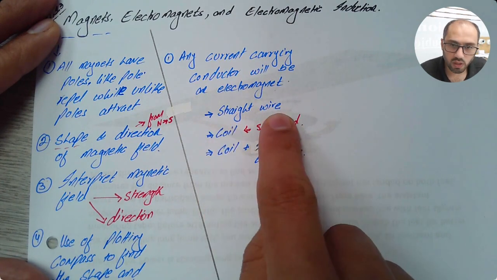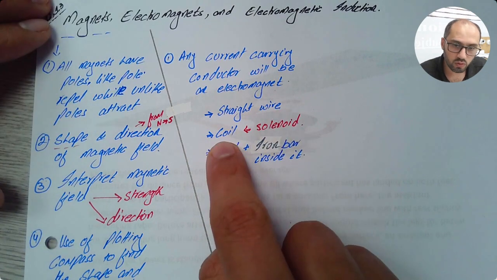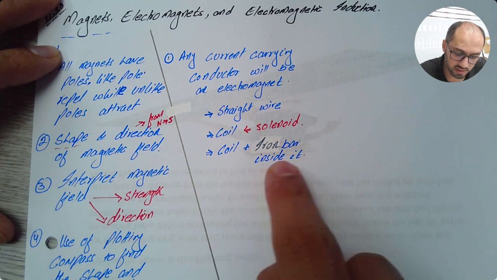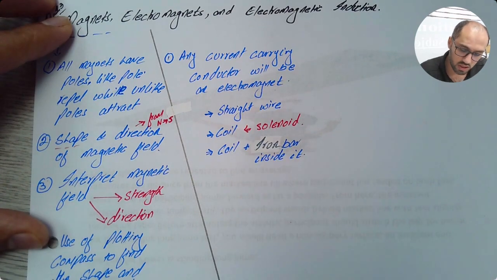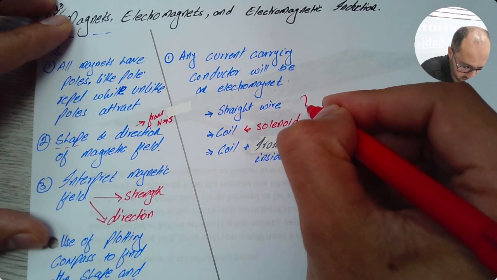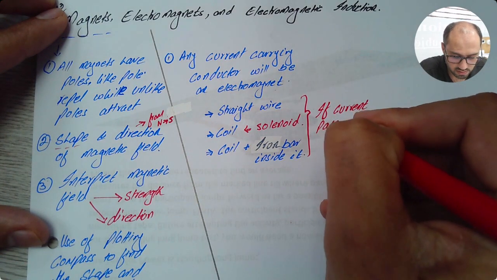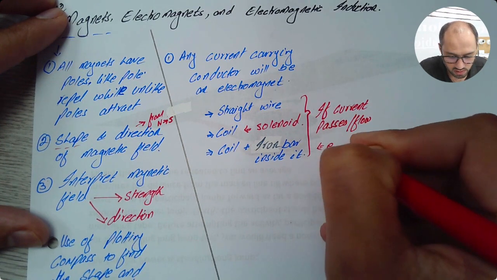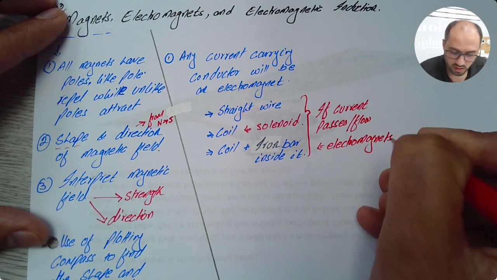Now this is a condition. If you have a straight wire and it has no current in it, it will not be an electromagnet. If you have a coil without current in it, it will not be an electromagnet. If you have a coil plus iron bar inside it, but there is no current, it will not behave as an electromagnet. So for all three to behave as electromagnets, current must flow, then it will become an electromagnet.